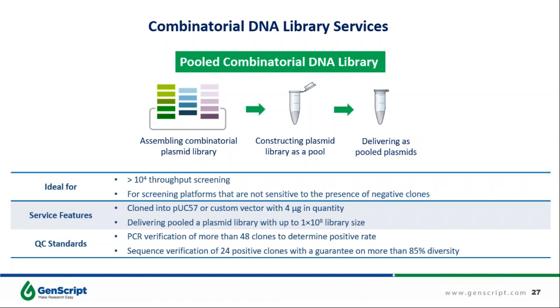We then PCR verify more than 48 clones to determine the percentage of positive clones with the insertion. In addition, we will sequence verify 24 positive clones to test the diversity of the pool. We guarantee that you will have more than 85% diversity in the pool to ensure maximum screening coverage.